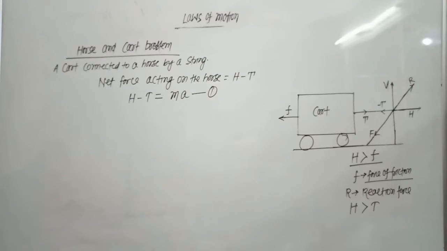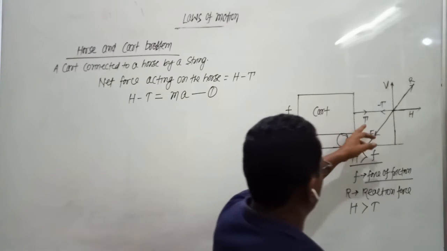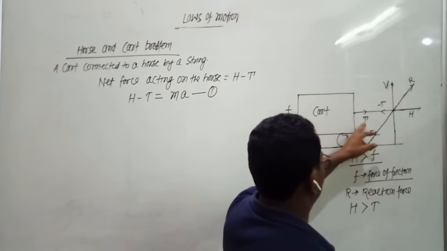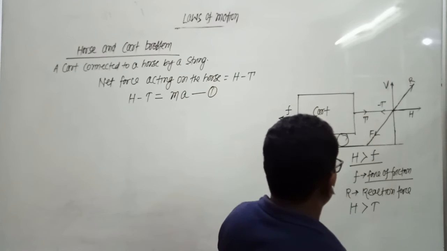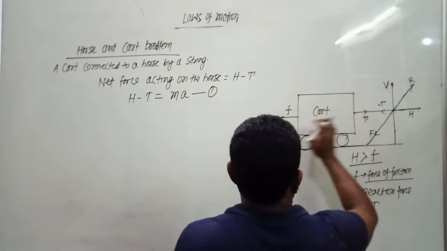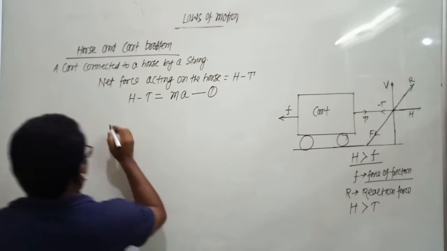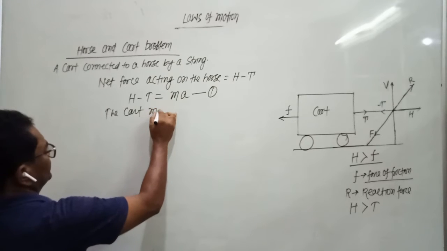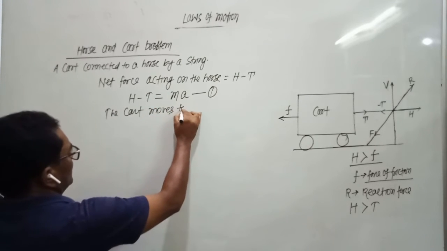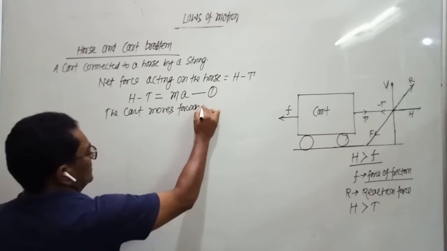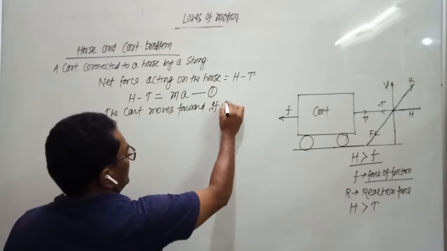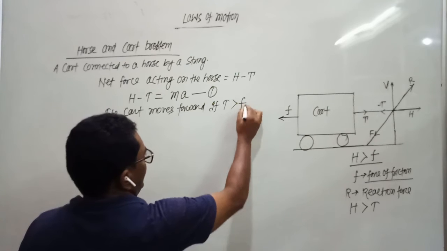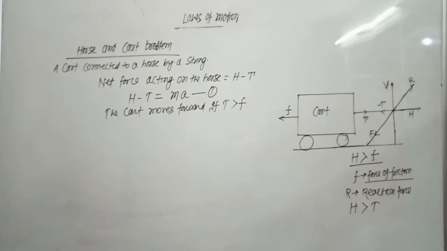The cart moves forward if T is greater than the force of friction F. The applied tension force must be greater than the force of friction.